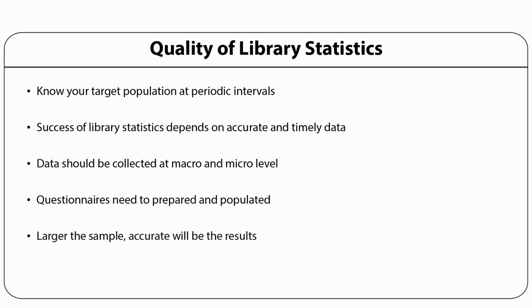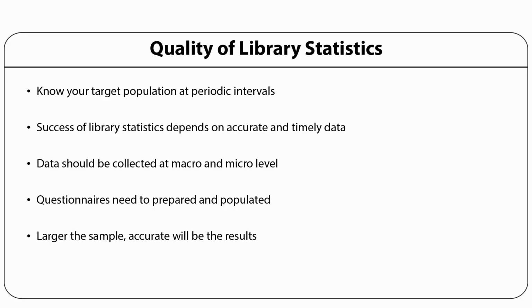Larger the sample, more accurate will be your results. I have told you about the population. A sample, which we also call strata in statistical terms, means that only a portion of that population is actually studied. Maybe you have a total of 30 faculty members and 500 students.